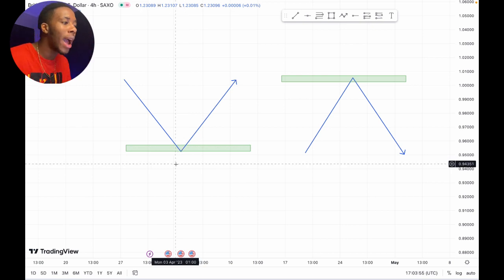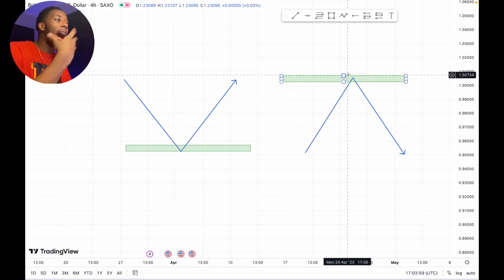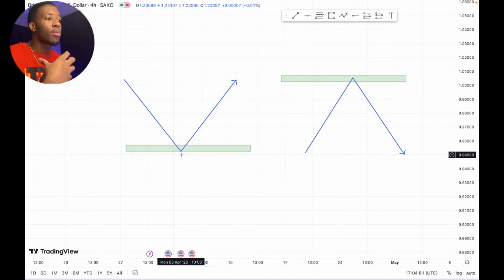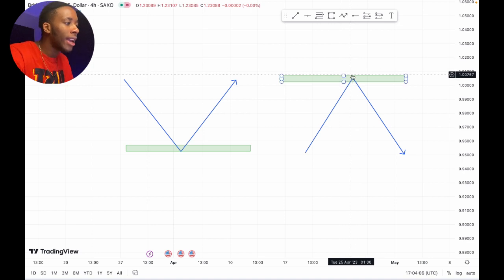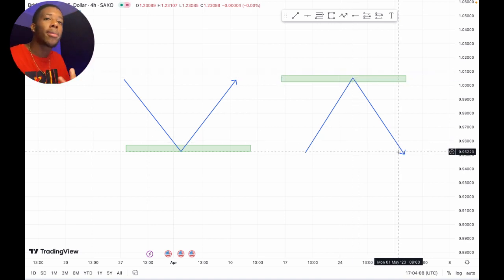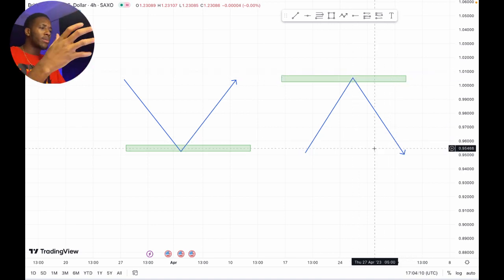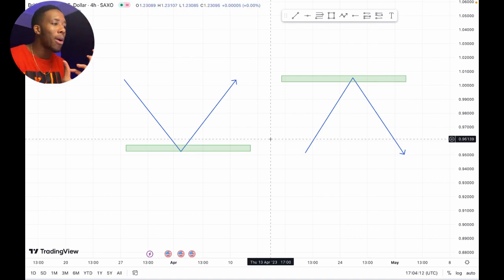You always try to buy low and sell high. You buy your lows and you sell your highs. So if you bought your low and the market went up, you're going to make money. If you sold your high and the market went down, you're going to make money. So this is basically what makes a trend a trend.